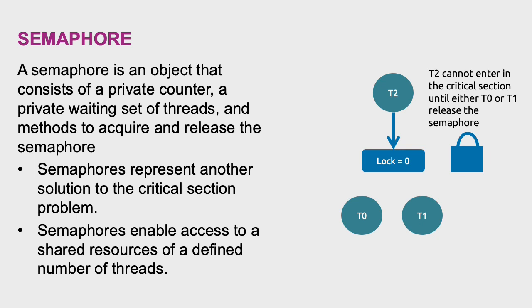The reason is simple. There are situations where we have a bounded number of resources that can be accessed by a limited number of threads. For this situation, semaphore provides the required mechanism that guarantees that only a defined number of threads can access the set of available resources.